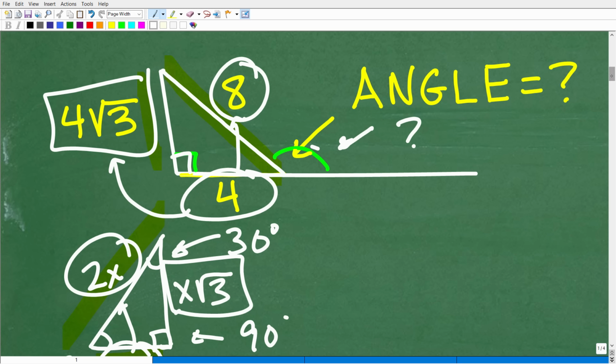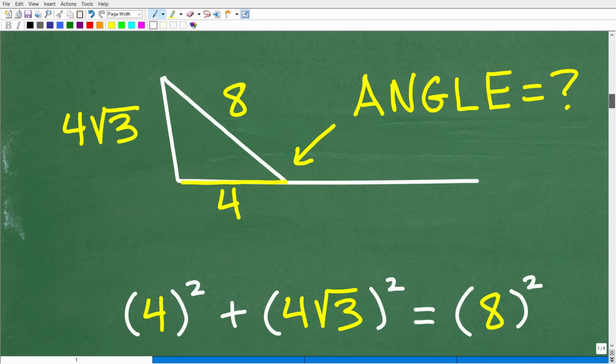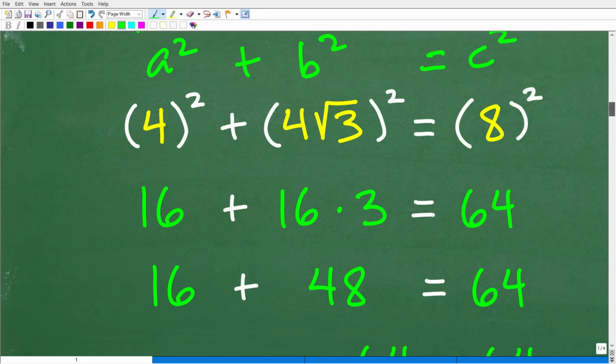But let's go ahead and verify these sides. Let's suppose you wanted to check and see if this is a right triangle. Let's apply the Pythagorean theorem here to check these sides. So let's go ahead and do this work right now.